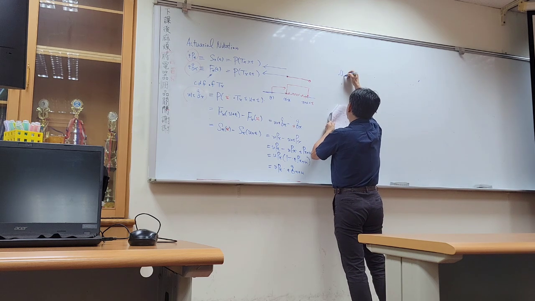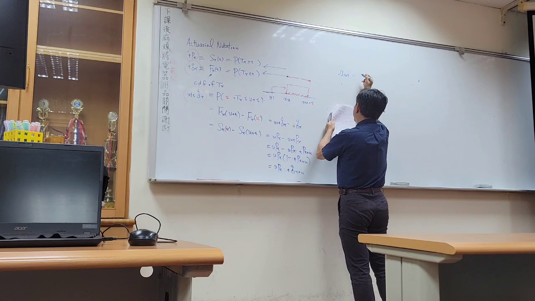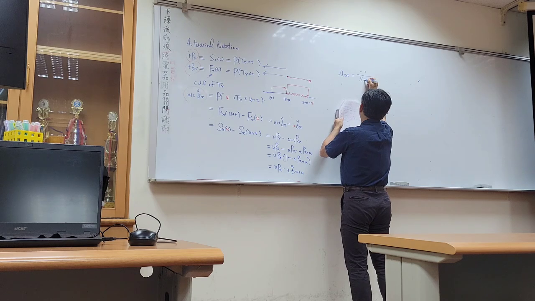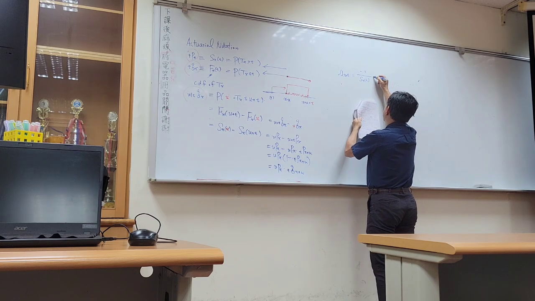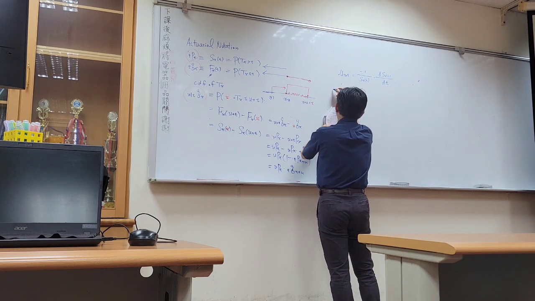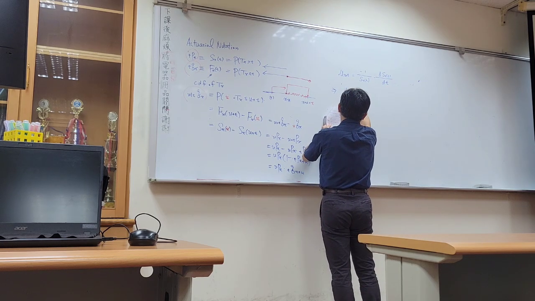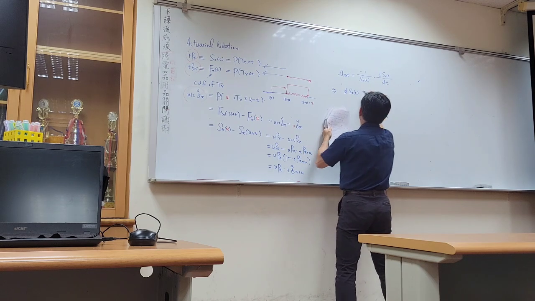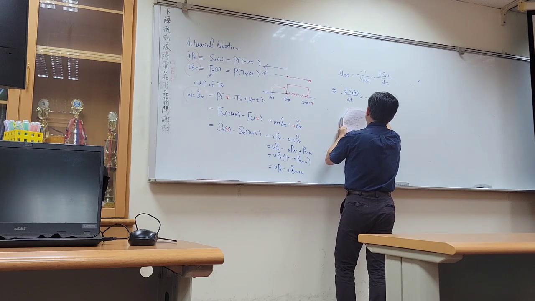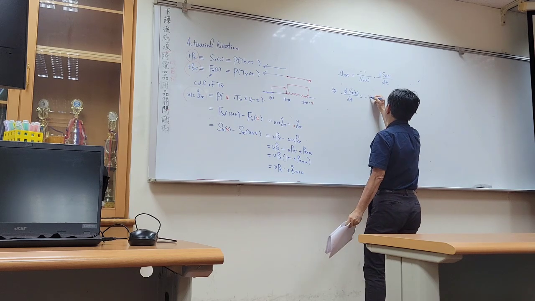Usually mu x plus t is equal to, from the previous section, minus 1 over s of x plus t times d s of x plus t over dt. So I can imply that d s of x plus t over dt is equal to minus s of x plus t multiplied by mu x plus t.